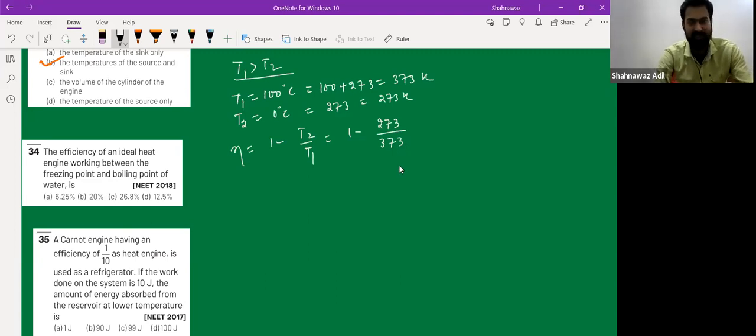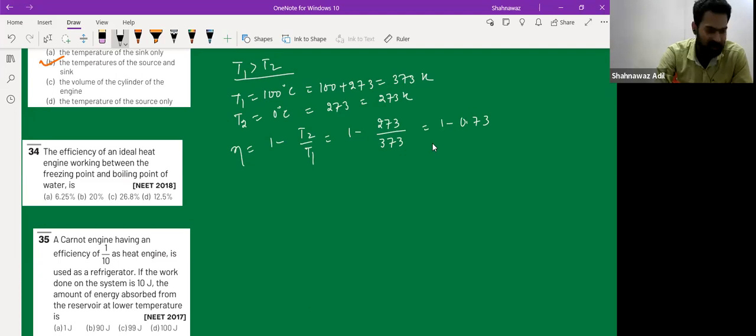Let me use my calculator. You guys divide, but I can use the calculator. So 273 divided by 373 is 0.73. So 1 minus 0.73, right?